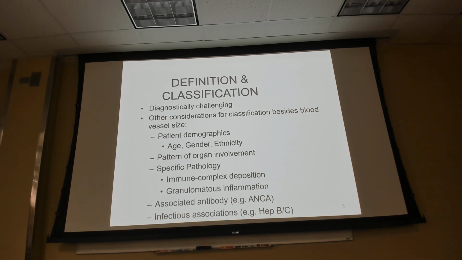So age, gender, ethnicity, the pattern of the organ involvement, specific pathology, right? So are they having some immune complex deposition, inflammation, associated antibody infections, right? So are they having some hepatitis? Are they having some things that are causing the negativity of this?